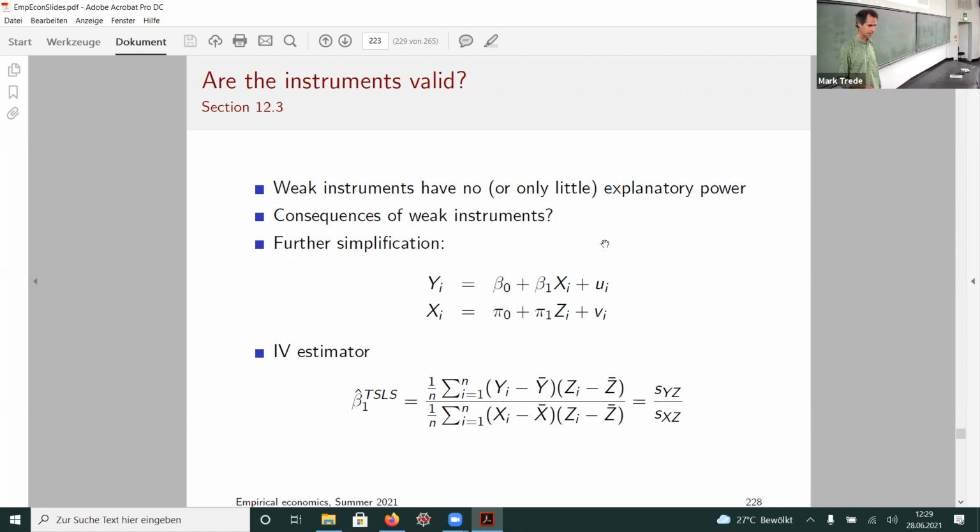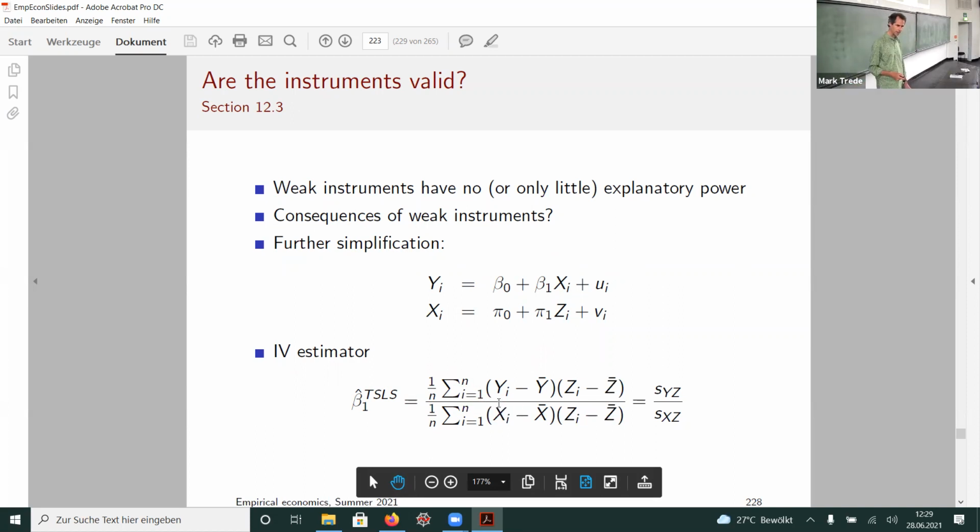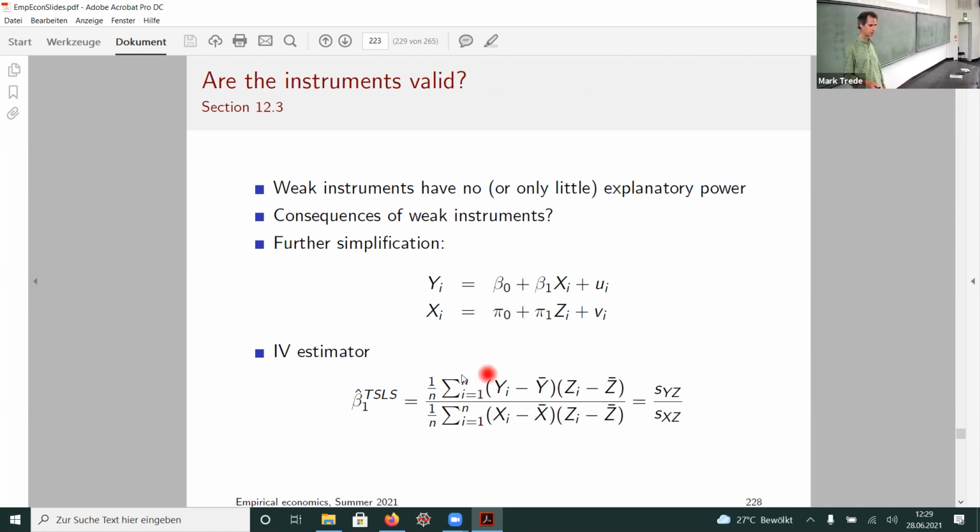In this setting, we can derive the two-stage least squares estimator, which is in that case just the quotient of the covariance between y and z, so the endogenous variable and the instruments, divided by the covariance of x and z, so the endogenous regressor and the instruments.